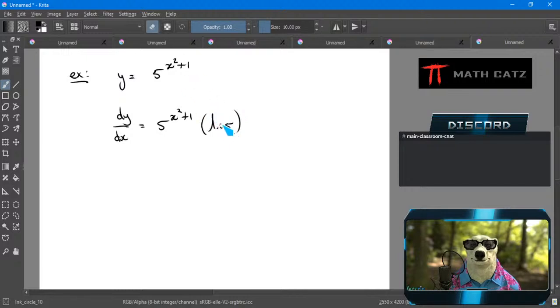I'm sorry. My n's look like u's. Times, says the chain rule, the derivative of the inside something, 2x. People look at this and say, oh, you multiply 3 things, but the chain rule only has 2 things multiplied. What happened here? This is not the second part of the chain rule. It is part of the first part of the chain rule and the fact that I am working with a general base exponential function.